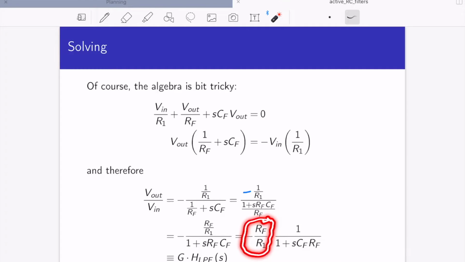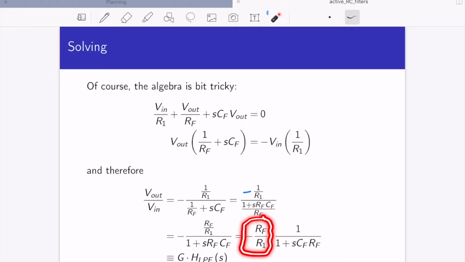But you can do it here too. If you're at DC, that would be omega is equal to 0. So if you plug in j omega for S, you would end up with 1 over 1. So you could either remember that at DC, a capacitor looks like an open, or plug in the value. But what that gives us is a gain of minus RF over R1.